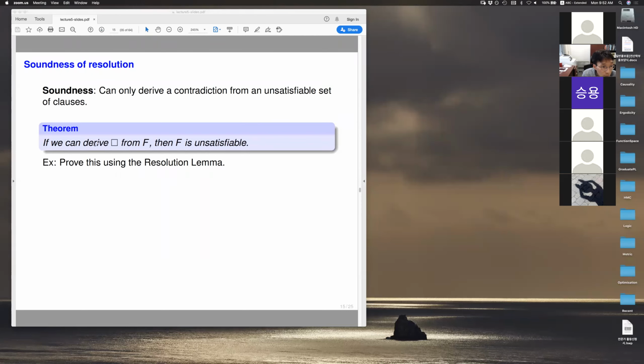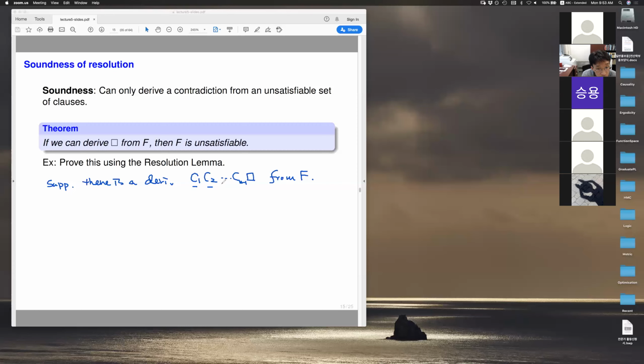Suppose we have a derivation C1, C2, and so on, Cn-1, and we end up with a box from F. That means each of the Ci's is already in F, or is obtained by applying the resolution proof rule to clauses appearing before.